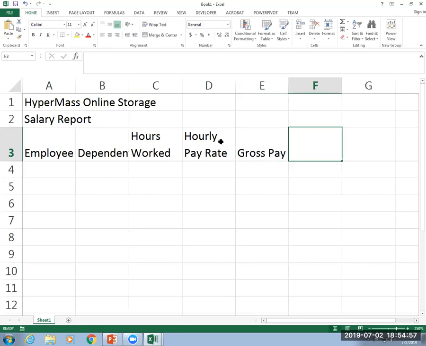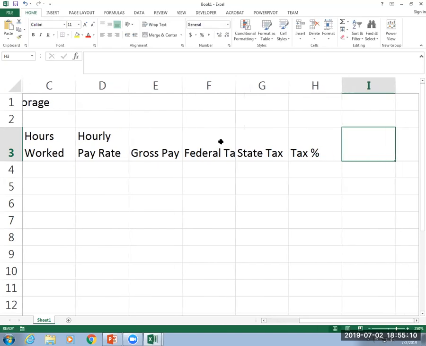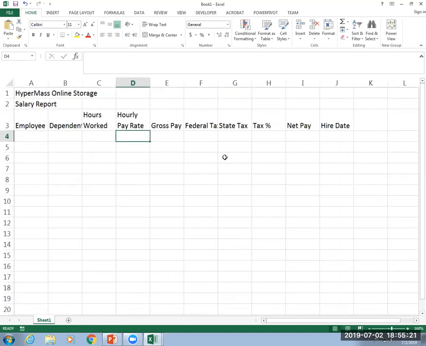And then federal tax. And then state tax. And then tax percentage. And then net pay. And then finally, hire date.